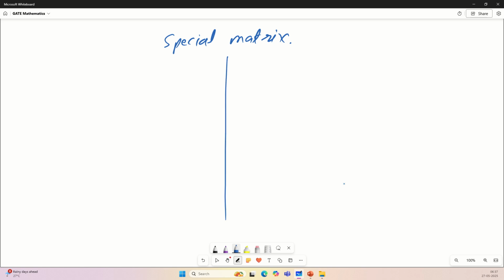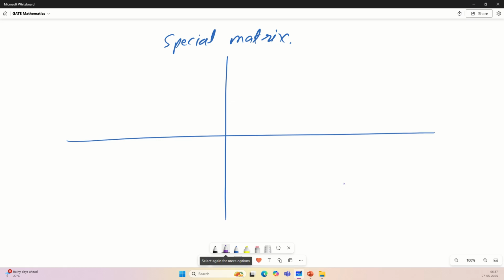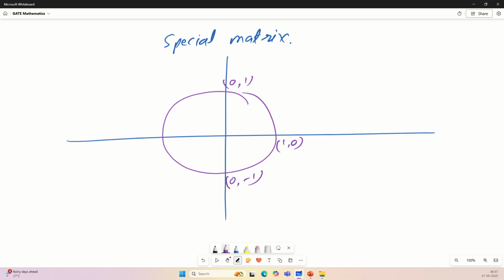Okay, so let us say this is my axis. Understood? And let us say this is my unit circle. Okay, so this is going to be 0 1, 1 0, and this will be 0 -1, this will be -1 0. So you understood the index of each of the cut points, right?